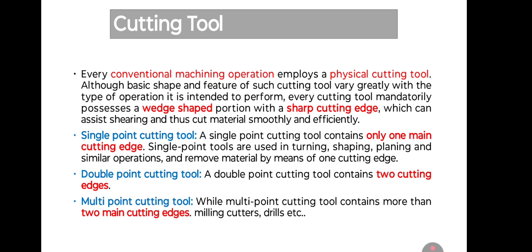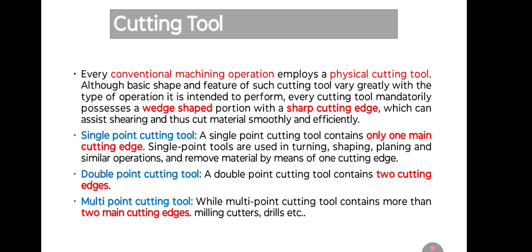So now let us focus on the cutting tool. Every conventional machining operation employs a physical cutting tool. When we are considering conventional machining operation, this is a new term, but I have already discussed this in the previous slide. Conventional machining operation means a type of metal cutting operation where the cutting tool will always be in contact with the workpiece.